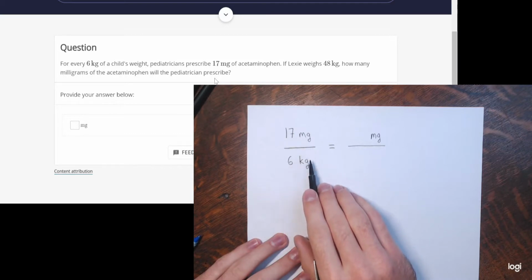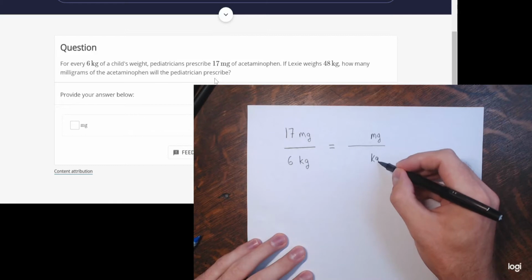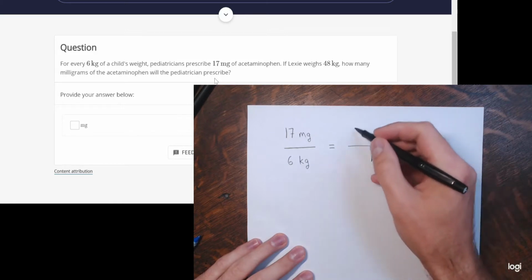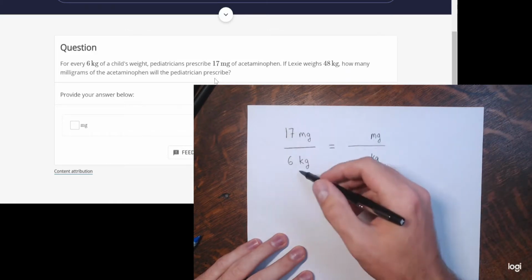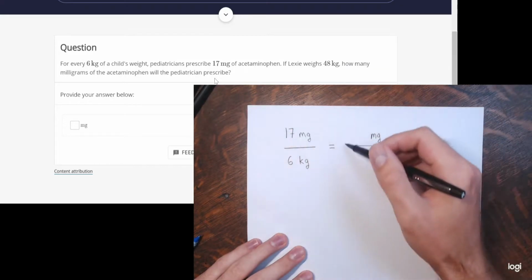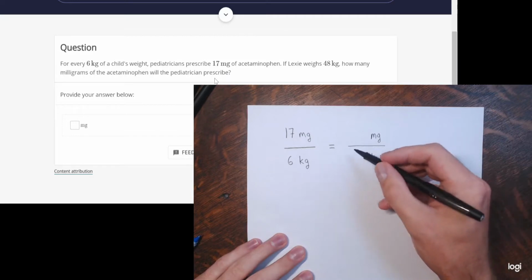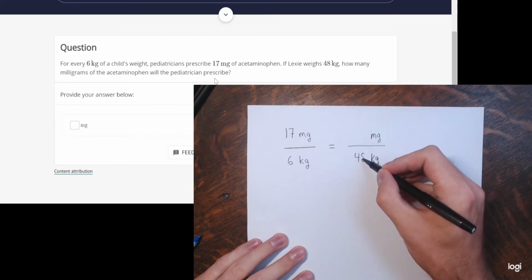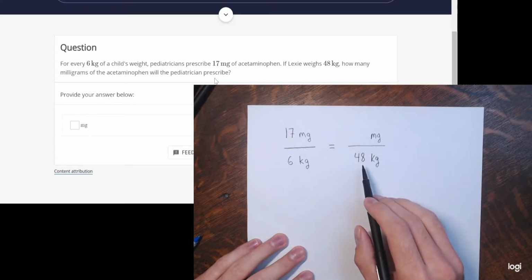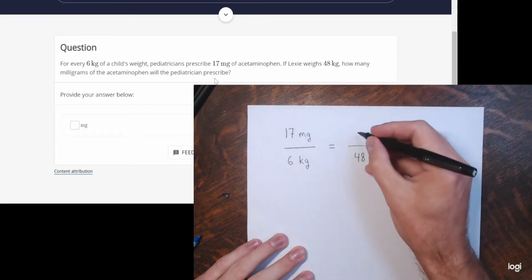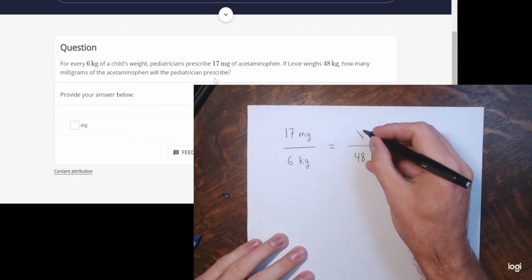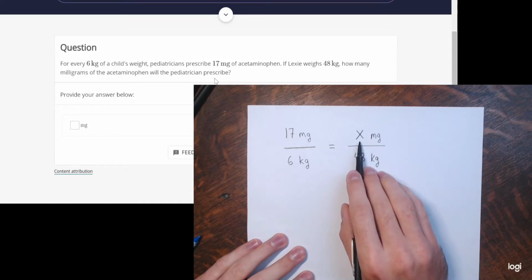The denominator will be the kilograms of the child's weight. The left ratio is for children in general. The right ratio is just for Lexi. Lexi weighs 48 kilograms, so that goes in the denominator. The question is how many milligrams of this drug the doctor will prescribe, so I'll call that x. That's what we're trying to find.